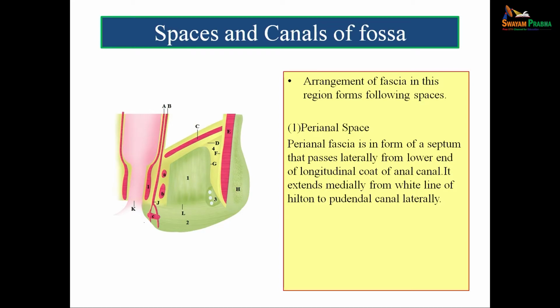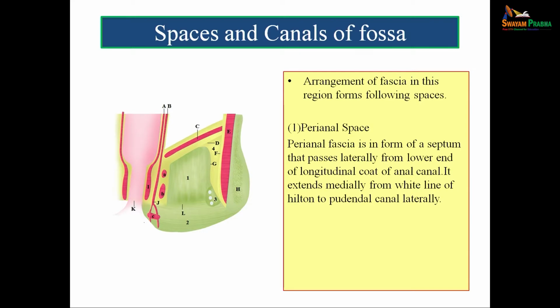You can easily make it out in the figure. The circular coat is forming I. I is the internal sphincter, while the external sphincter has 3 parts lying outside the longitudinal coat, and you can see at the lower end of the longitudinal coat extending from medial to lateral side is L, which represents the perianal fascia.